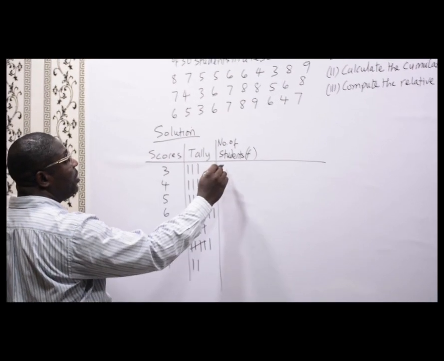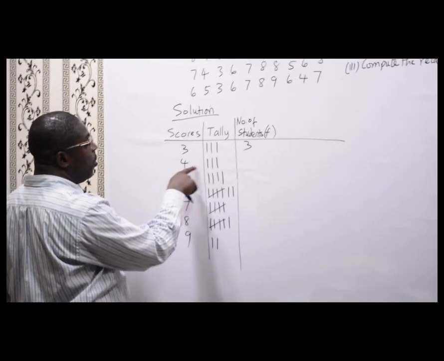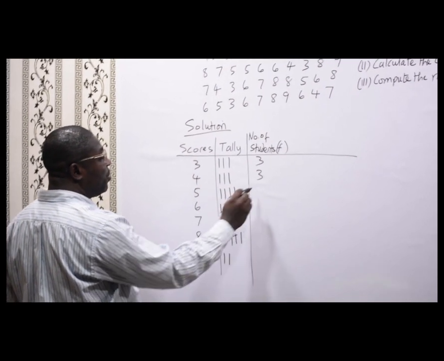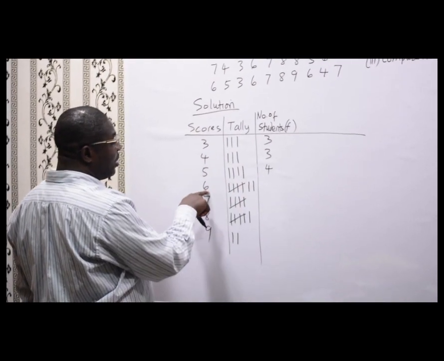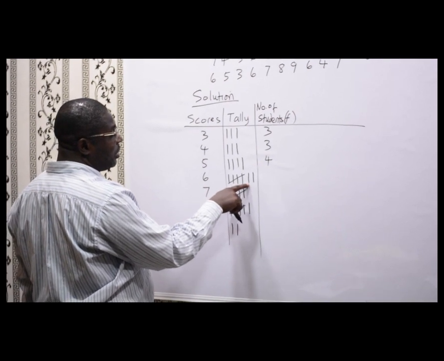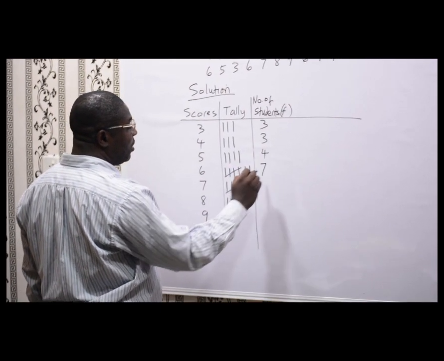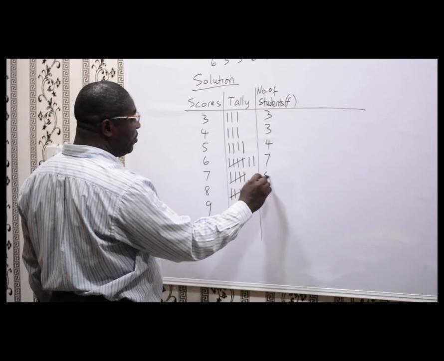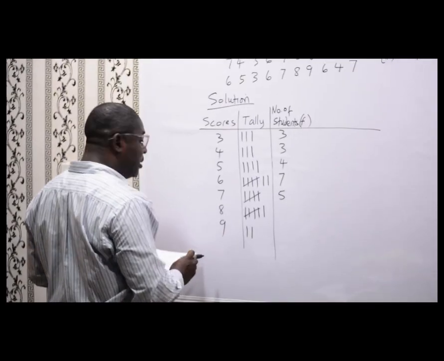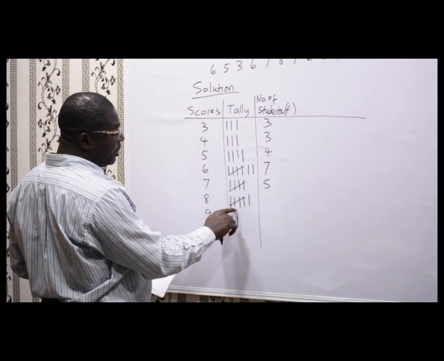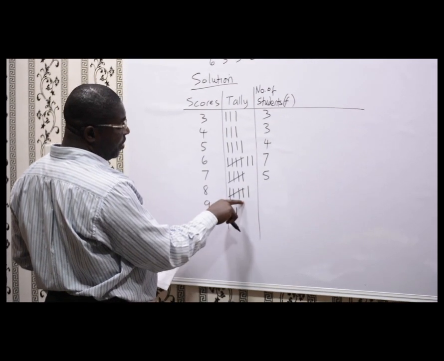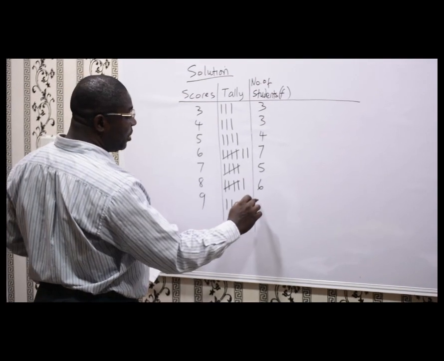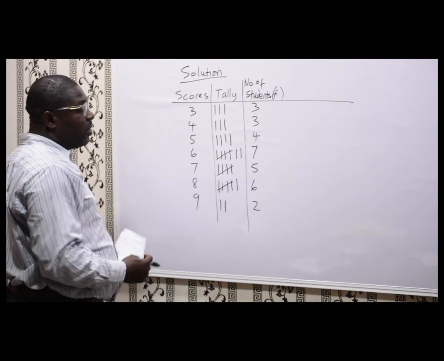So 3 appeared 3 times, 4 appeared 3 times, 5 appeared 4 times, 6 appeared 7 times, 7 appeared 5 times, then 8 appeared 6 times, and 9 appeared 2 times.